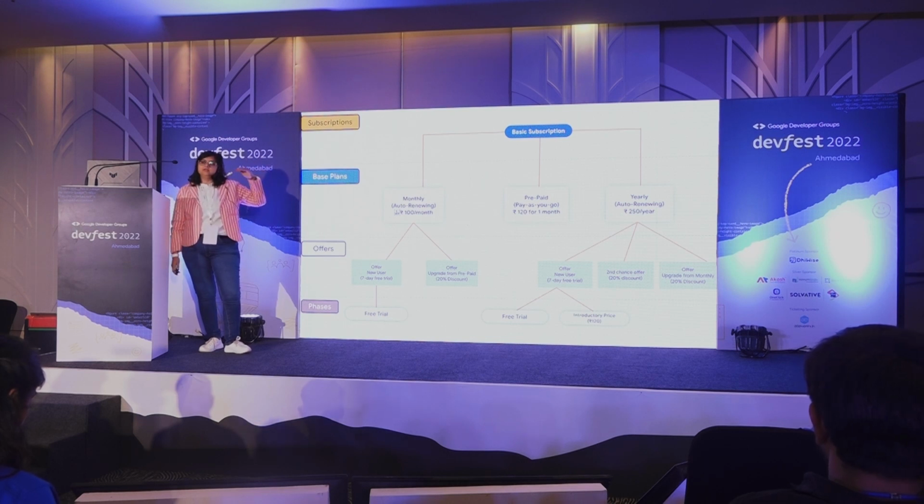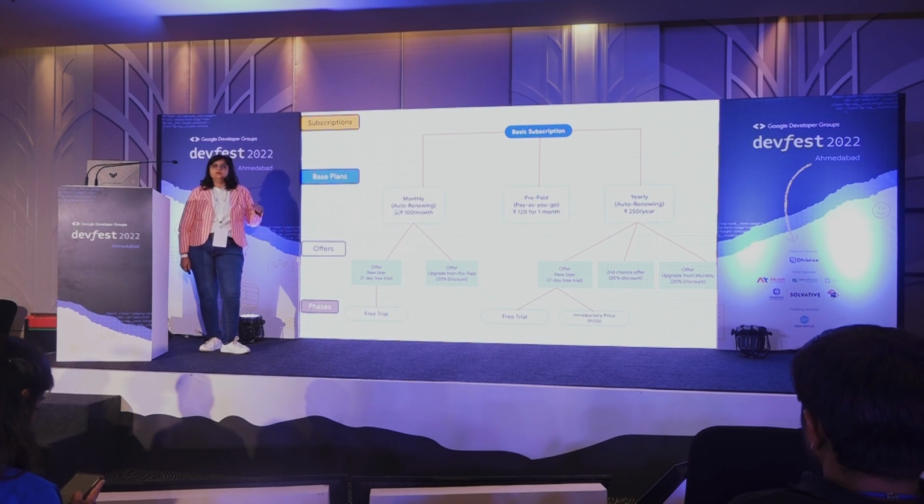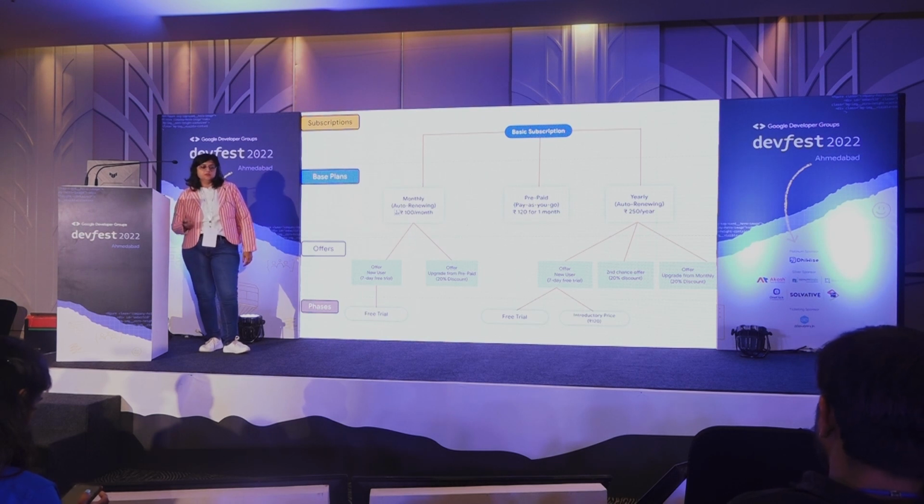You had a basic subscription, a separate basic subscription, then a monthly subscription which was again a different SKU, then a prepaid subscription, one-time products as we used to call them, then a yearly subscription that used to give the annual recurring payments, and then you had these offers associated directly with them: the free trial for monthly subscription, free trial for one-time products, free trial for yearly products, and so on. So you had an array of subscriptions.